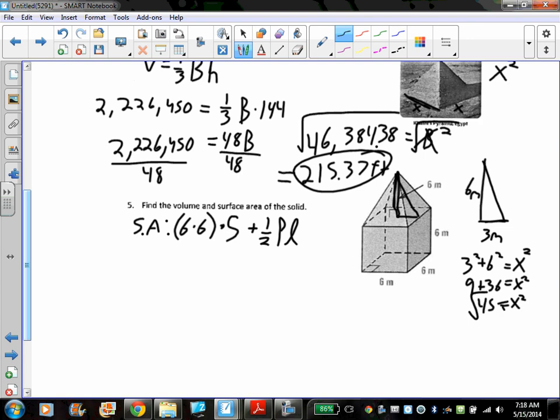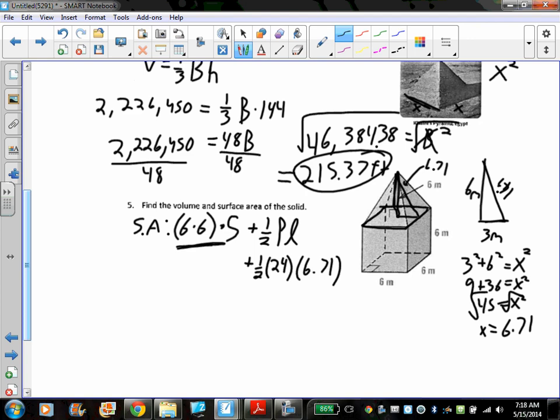Take the square root of that, and we get that x is about equal to 6.71. Right there. Okay. And also we can calculate the perimeter of this base. 6, 12, 18, 24 is going to be the perimeter. So it's going to be plus 1/2 times 24 times our slant height, which was 6.71.